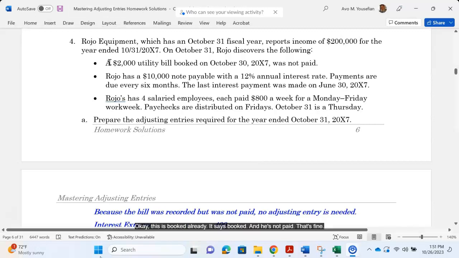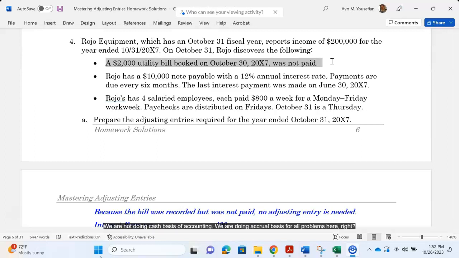Okay, this is booked already. It says booked and not paid. That's fine. As long as you record and book your transaction, it doesn't matter if it's paid or not. We are not doing cash basis of accounting. We are doing accrual basis for all problems here, right? So the first bullet point is perfectly fine. It's booked already, so there's nothing to do over there.